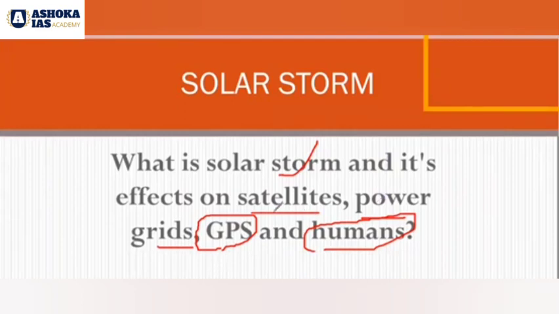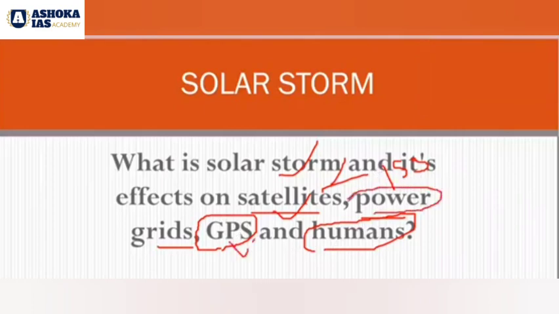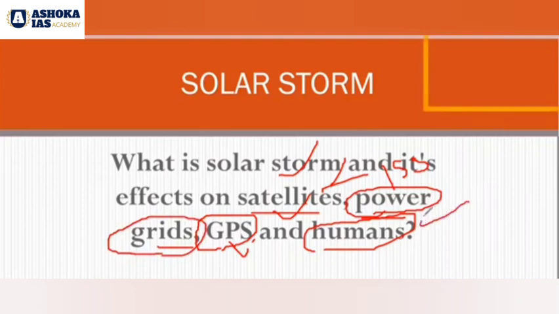For example, it could affect satellites like the ISS, the International Space Station, and navigation systems like GPS. The power grids may get affected, meaning the transmission of electricity could be affected by this solar storm, and it could also indirectly affect humans. The health of humans can be affected by this solar storm.